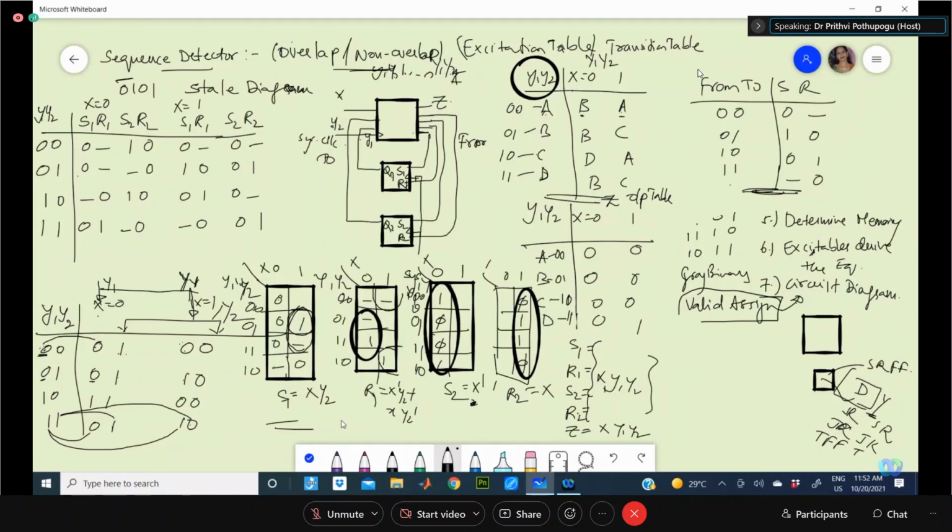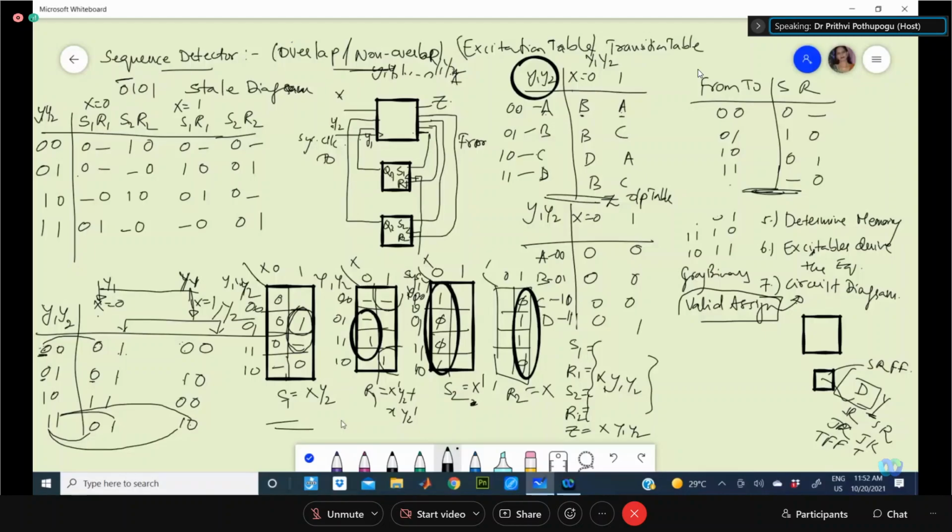If it is memory specific, we have to take the equations of SR or JK or T using a gray order and a binary order. Both have to be done once again. It's a time-taking process, but you'll still get the most efficient design if you incorporate all these trials and errors.